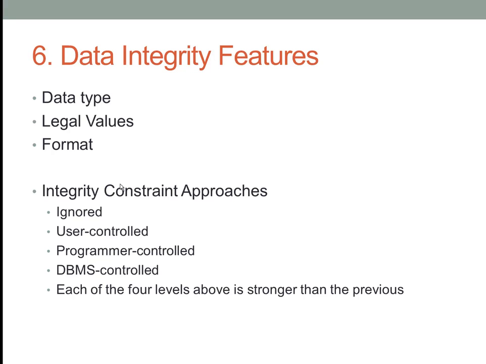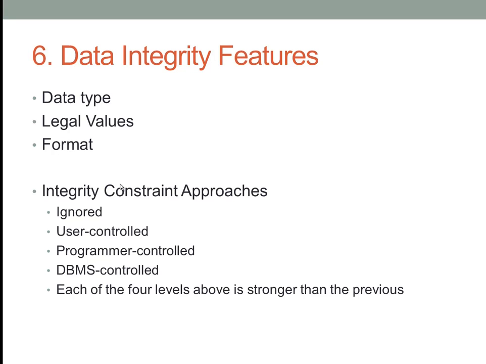Something that would be programmer controlled might be, if I had a field for race and I've restricted it to six different race types, am I going to make them choose one, or am I going to allow a multi-valued field where you could actually choose more than one race?